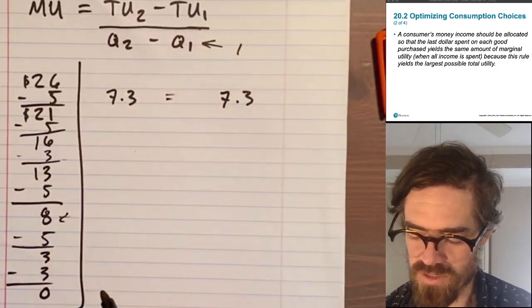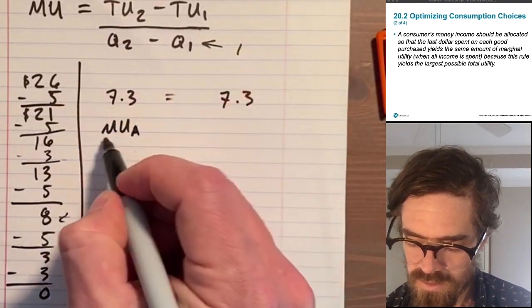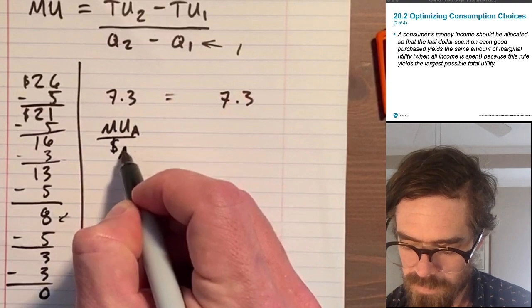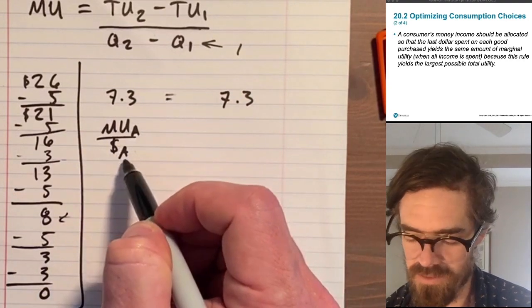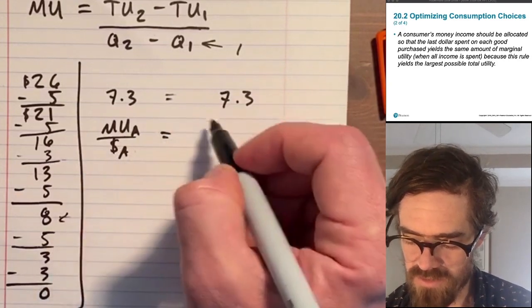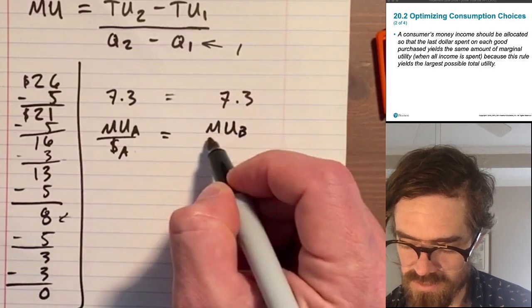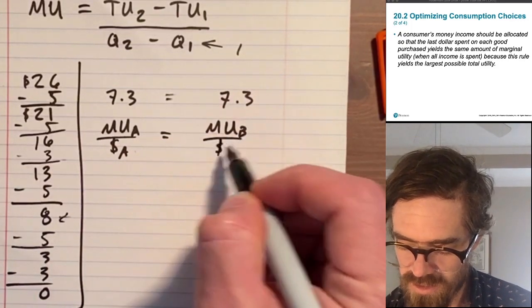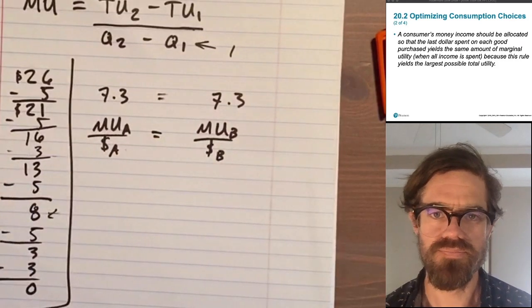So that's basically what we're talking about, the marginal utility per dollar. The marginal utility of good A, let's say, per dollar spent on good A, which is the price of good A, should be exactly equal to the marginal utility of any other good, say good B, divided by its price.